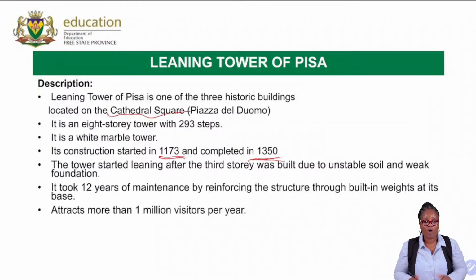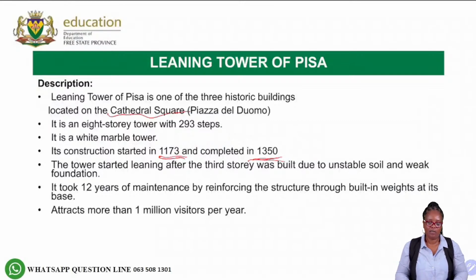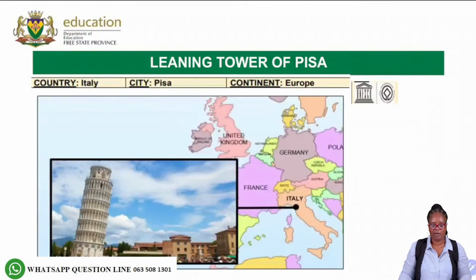That's why even today we're having that. So this attraction attracts more than 1 million visitors per year. The moment you see the tourist numbers, we have to think about foreign income because they're bringing that with them.